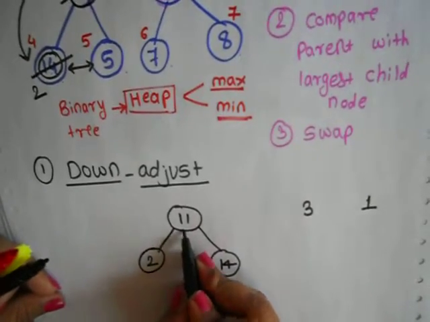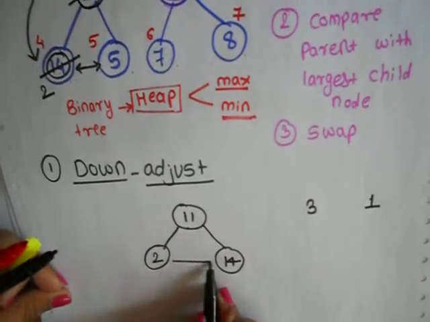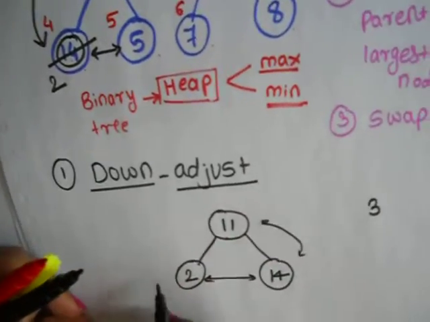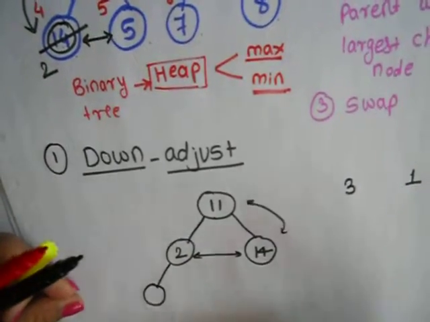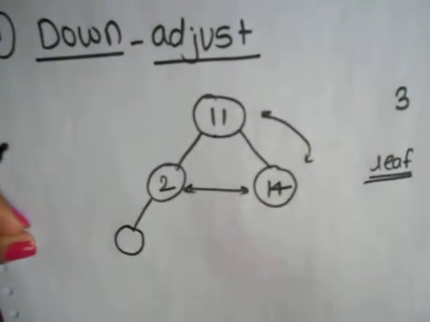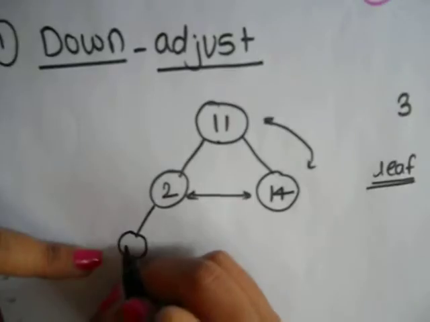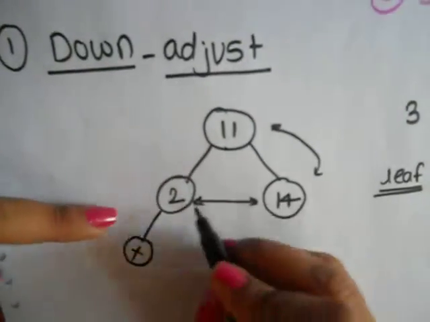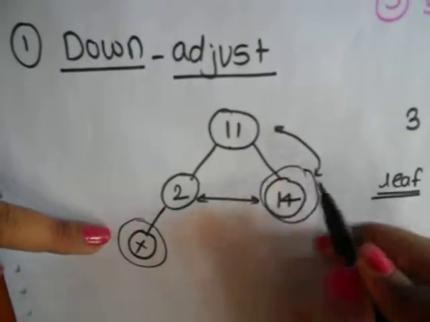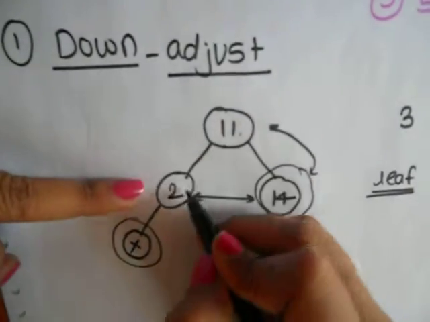Now if I add one more node, where are the leaf nodes present? Suppose x, y, z any node. All leaf nodes are present at the last levels, so we have to start comparing from this.